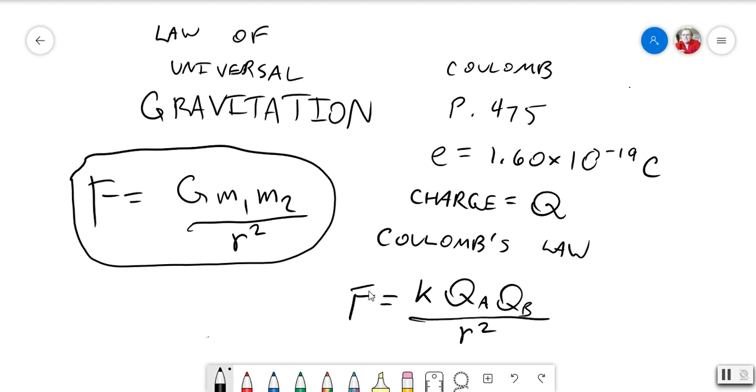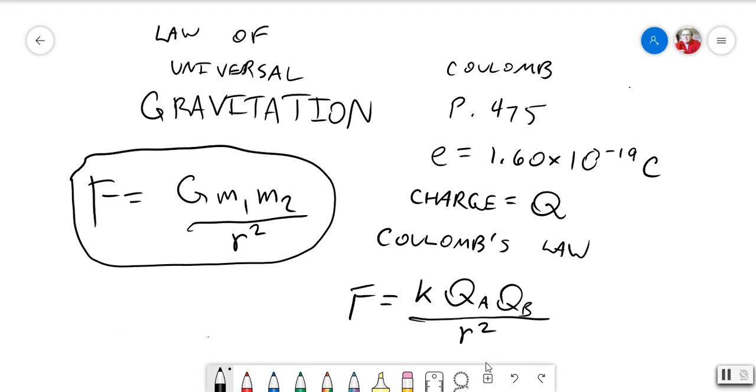So basically, universal gravitation, G m1 m2 over r squared, and Coulomb's law, k QA QB over r squared, are set up the exact same way. So the behavior of the force of attraction or repulsion between two charged objects is exactly, mathematically anyway, exactly the same as the behavior of gravitational force between two objects.